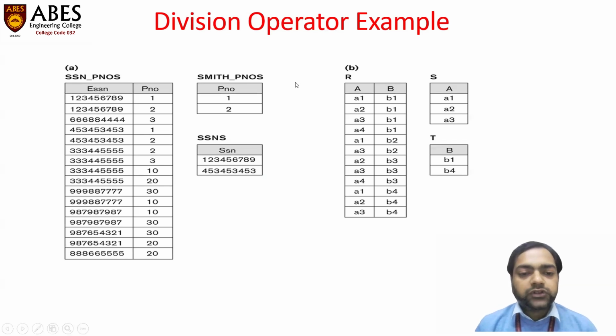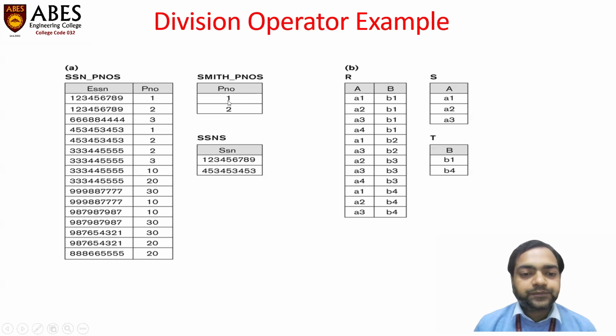Here we have two values, 1 and 2, right? We have to identify, for 1 and 2, what the values of ESSN are. If a particular ESSN has both the values of PNO which are present in this relation, then we will include that value in our resultant relation, right?